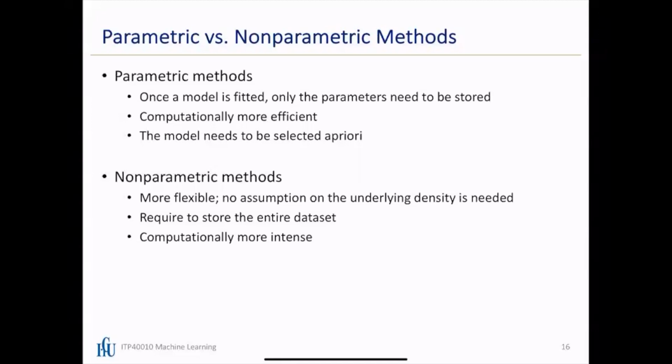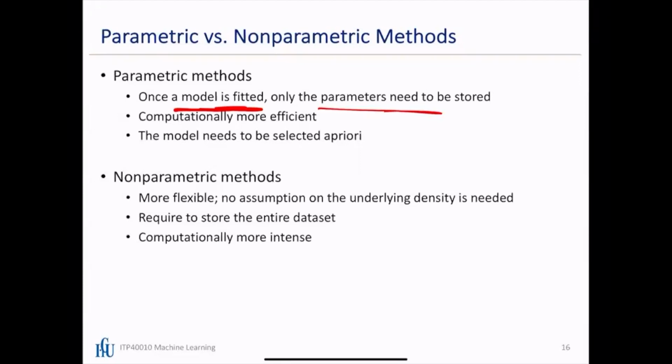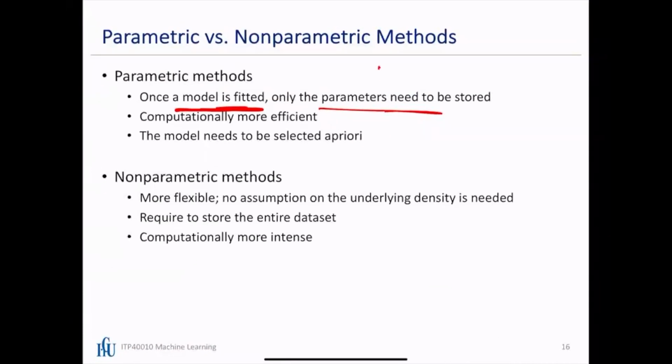In the meantime, here is a quick comparison between parametric and non-parametric methods. For a parametric method, once the model is fitted, only the parameters need to be stored. This is something we discussed earlier. You have data x1 to xn, so you need some space in your storage.